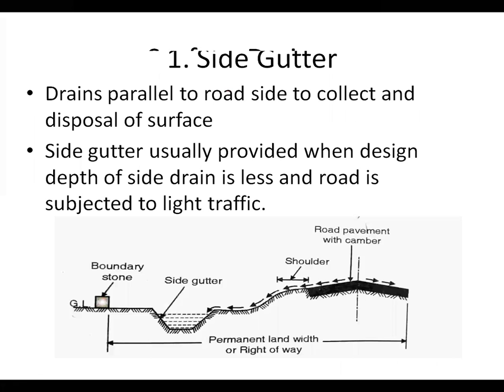Next, there are two main types or systems, which are the side gutter and the catch water drain. So what is a side gutter? A side gutter is a drain provided parallel to the road surface, which collects the water from the surface and drains it off or disposes it to another area.